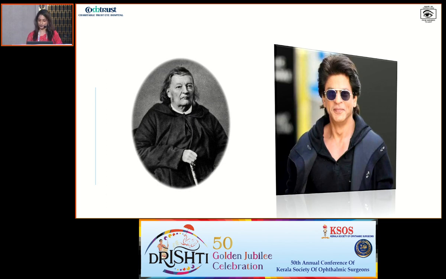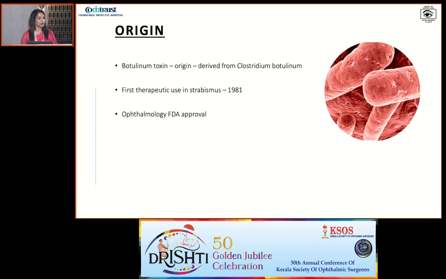the 19th century. Talking about the toxin, it is derived from a gram-positive anaerobic rod, Clostridium botulinum, which is usually present in plants. Its first therapeutic use in ophthalmology was described in 1981 by Alan Scott in spasms. It has gained FDA approval for use in ophthalmology.